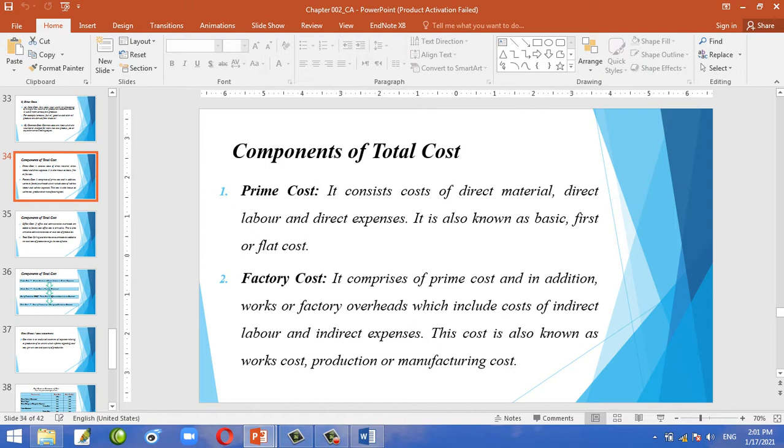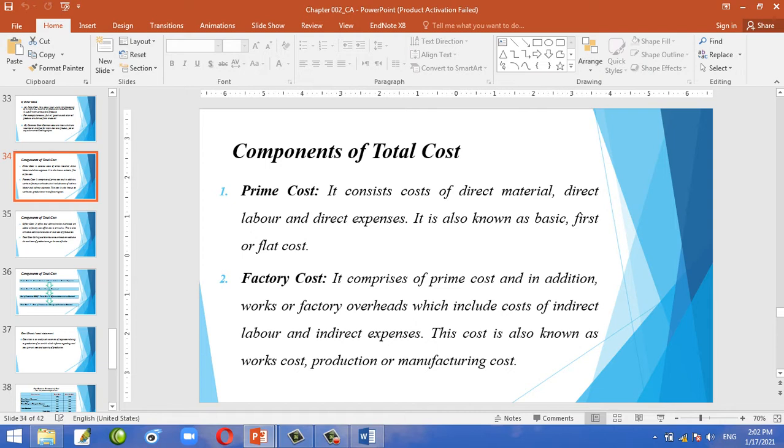In that classification we have direct material and indirect material, direct labor and indirect labor, and direct expenses and indirect expenses. That was the natural classification of the cost.